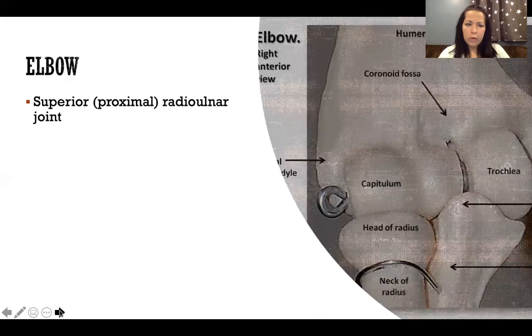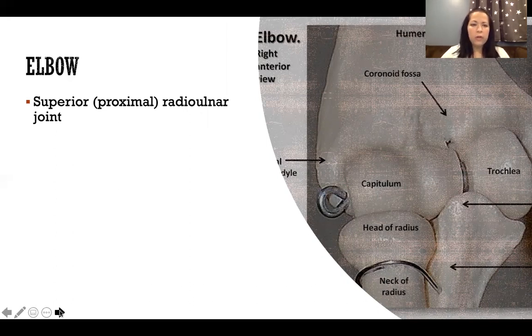The elbow is another joint complex made up of three separate joints. These three separate joints are all very close together, and they share one big joint capsule. Although there are three separate articulations that are part of the elbow, they all share one big synovial joint capsule, so all three are synovial joints.